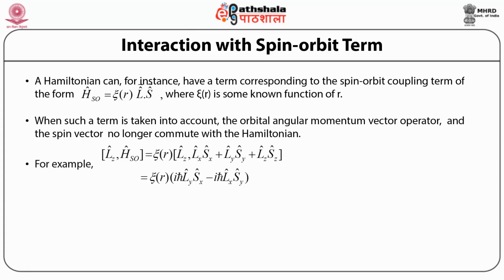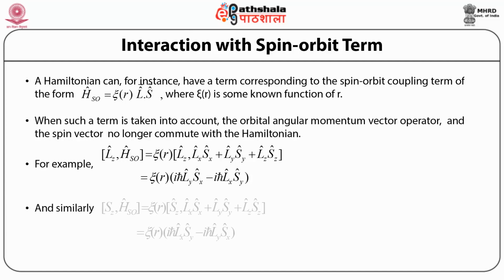For example, the commutator of operator Lz with operator HSO is equal to xi of r into the commutator of operator Lz with operator LxSx plus LySy plus LzSz.